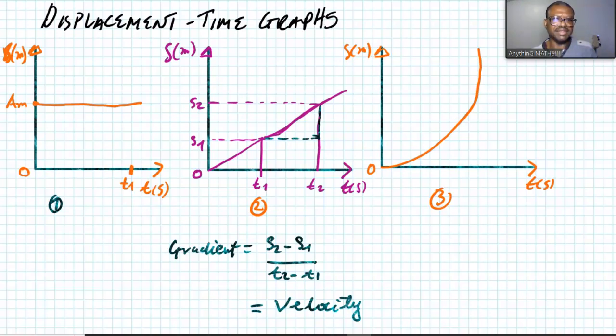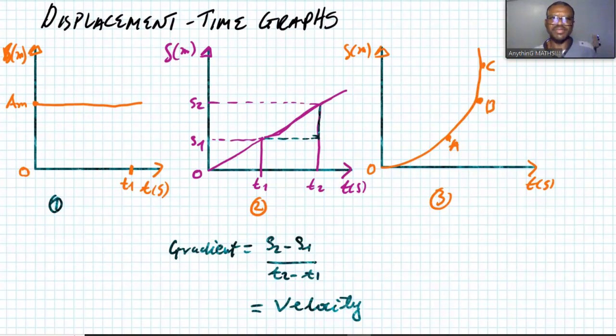So when it varies, the gradient at different points, say, point A here is different from the gradient at point B here, and it's different from that at point C. And because the gradient is varying, it means the particle or whatever we are considering is moving with what? Different velocities. So this is not a constant velocity.